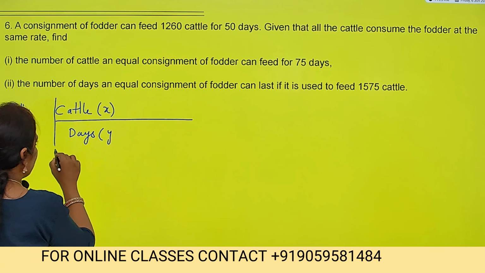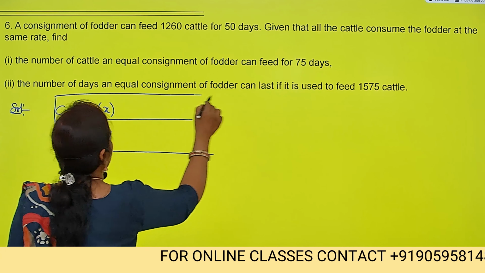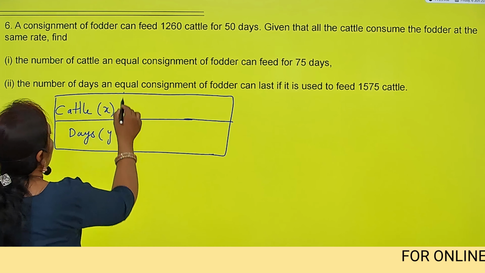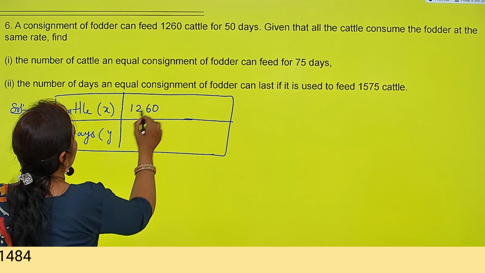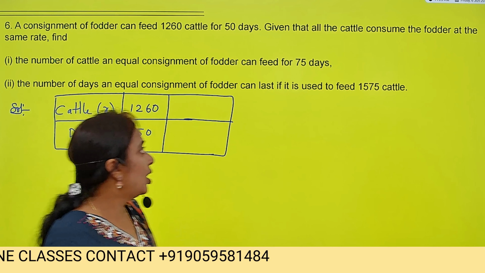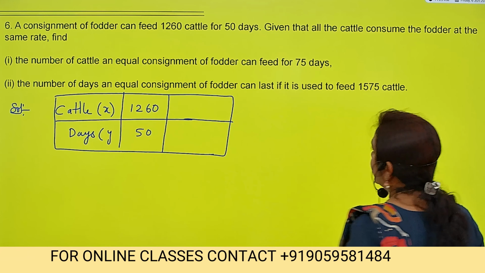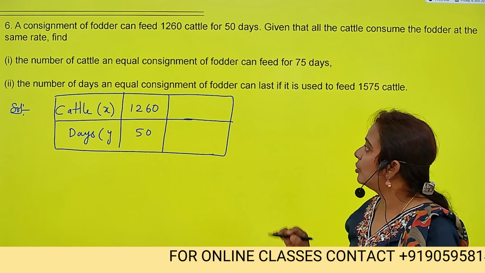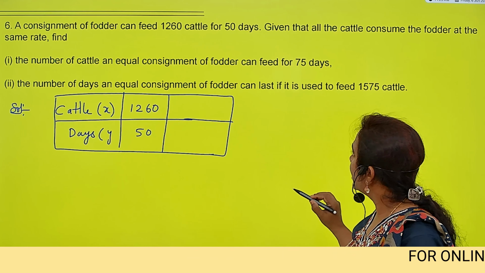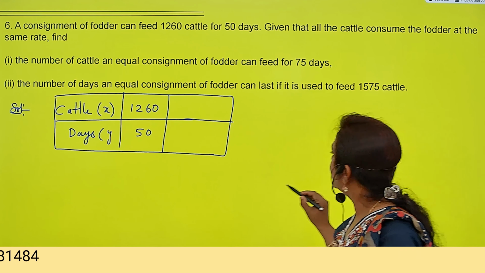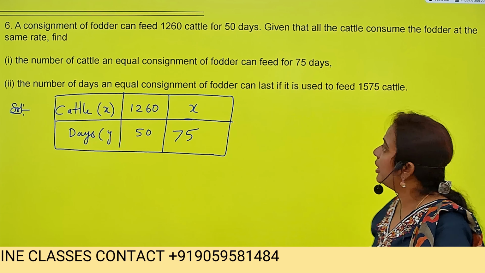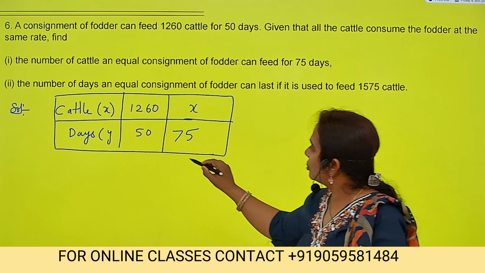If cattle increases, the days decreases if the amount of fodder is the same. Given that all the cattle consume the fodder at the same rate, find the first one: the number of cattle an equal consignment of fodder can feed for 75 days. This is the first question.